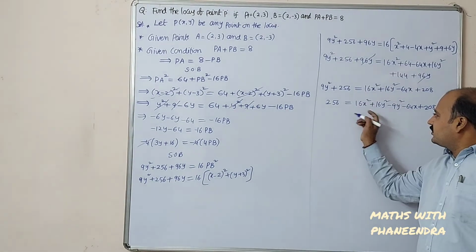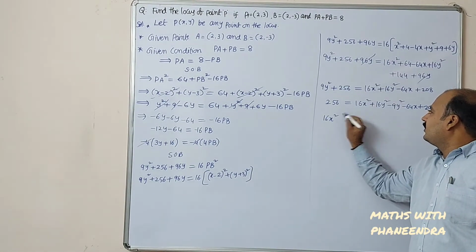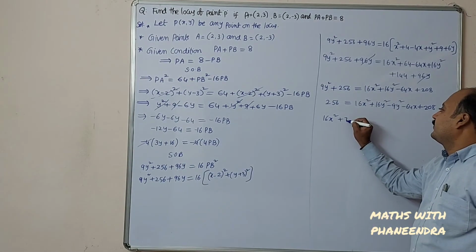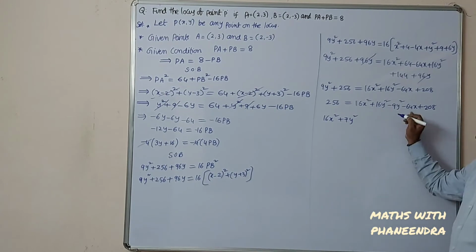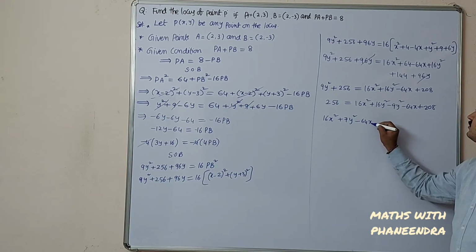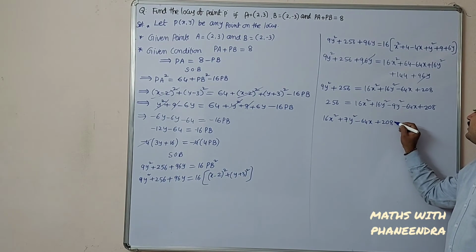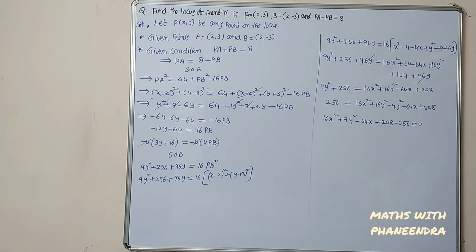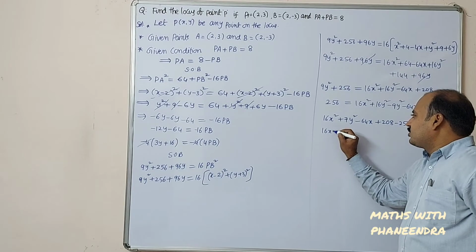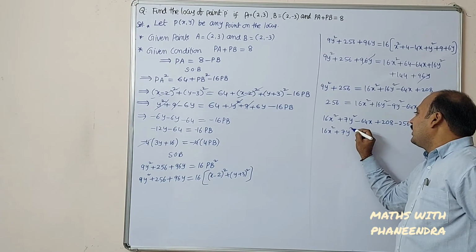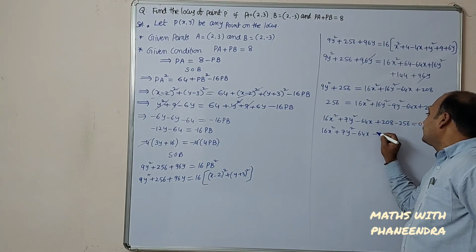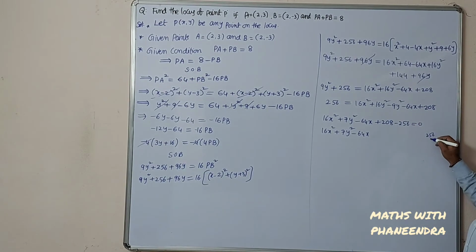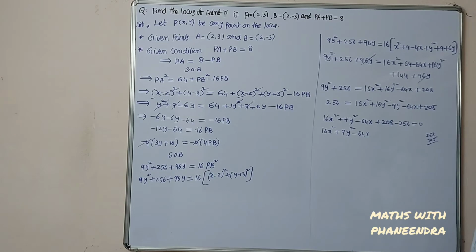Now in the next step, 16x square, 16y square minus 9y square, 7y square, minus 64x plus 208 minus 256 equal to 0. 16x square plus 7y square minus 64x. How much do we get here? 256 minus 208, so 48.